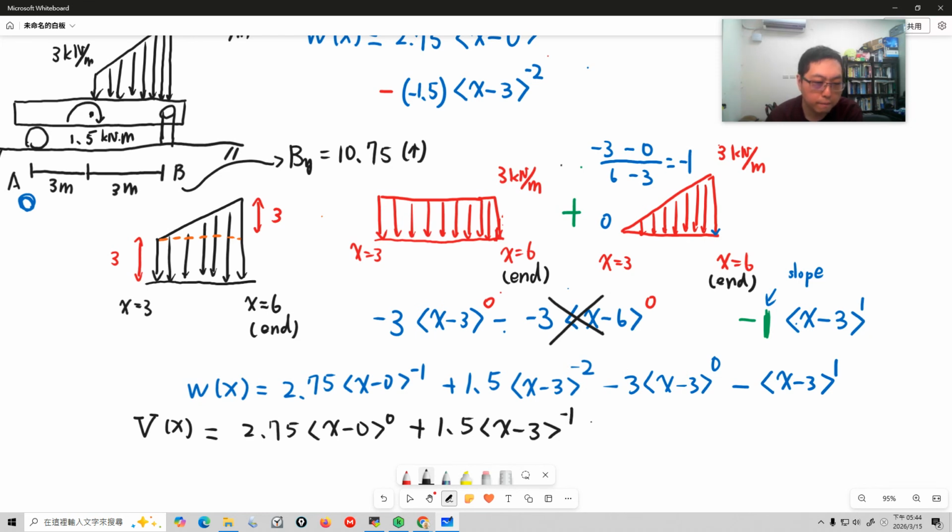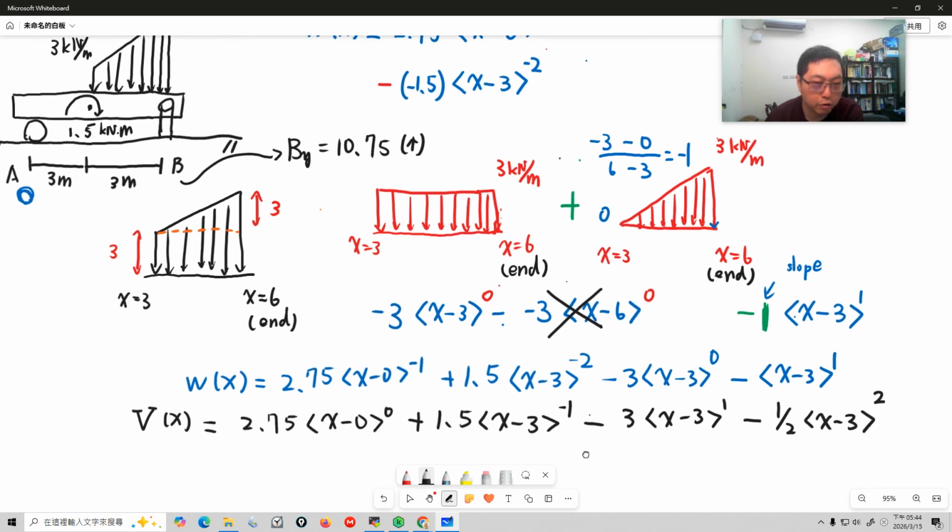And for power 0 and power 1, just use the regular integration rule from calculus for polynomial functions. This one will become 1/2 times x minus 3 squared. So that's the shear force function.